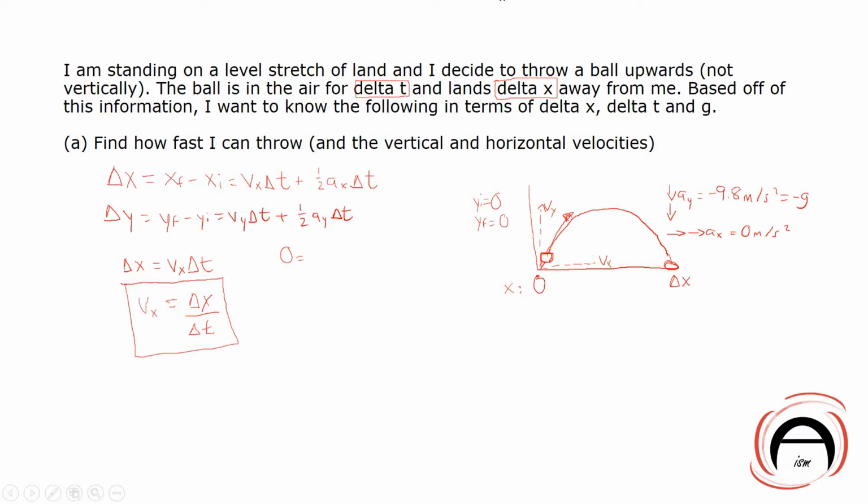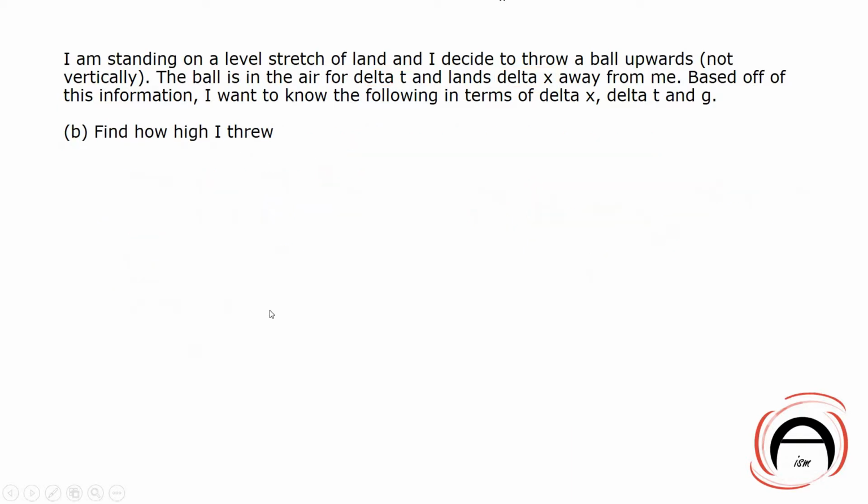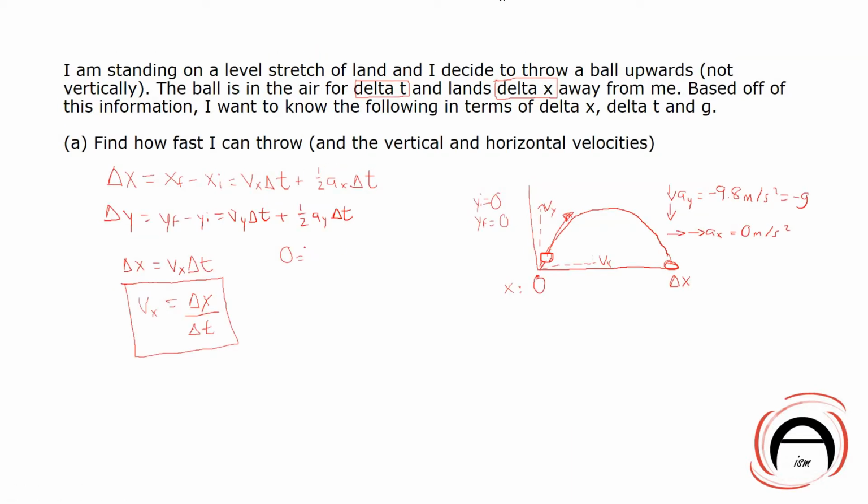So 0 is going to be equal to velocity in the y direction, delta t, plus 1/2 negative g delta t squared.